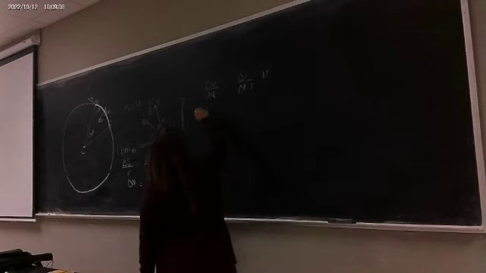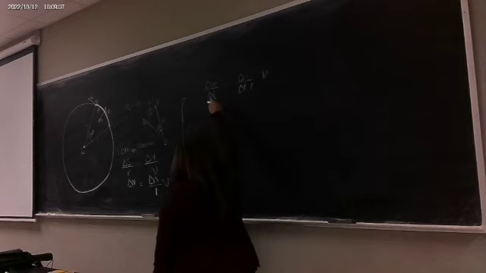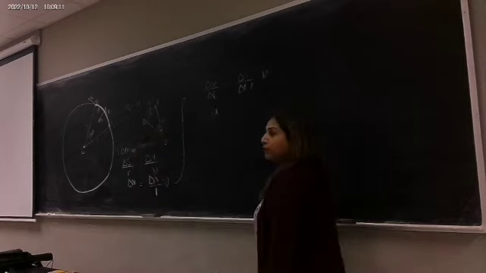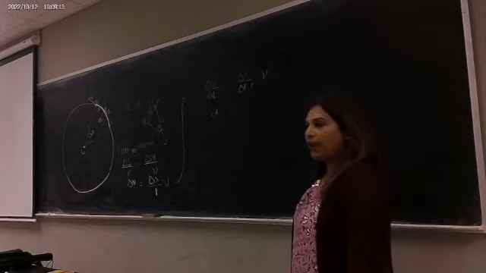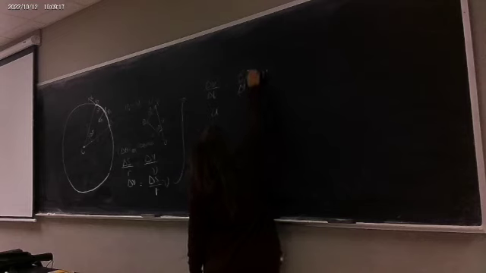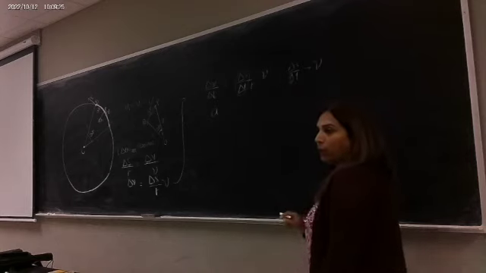Now this side, if delta T is really small, for a very small value of delta T, becomes equal to acceleration, right? Instantaneous acceleration, or the acceleration at that point. Delta S over delta T also approaches V for very small time.